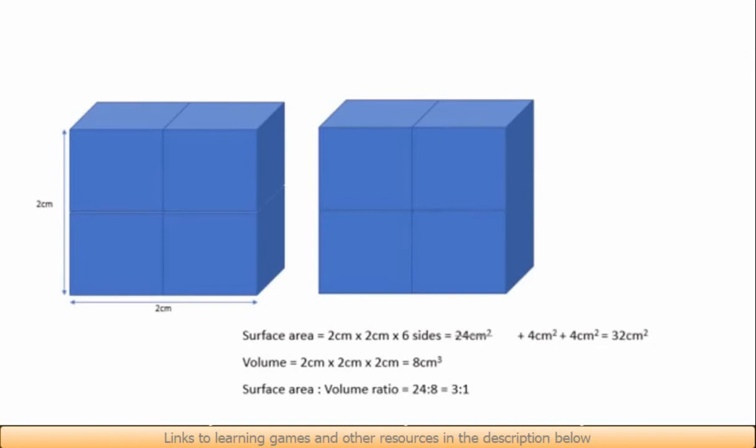So the surface area to volume ratio of the organisms is now 32:8 or 4:1. So for every centimeter cubed of volume, there's now 4 centimeters squared of surface for absorbing, not just 3. Smaller organisms have a larger surface area to volume ratio, and that helps with absorbing materials by diffusion.